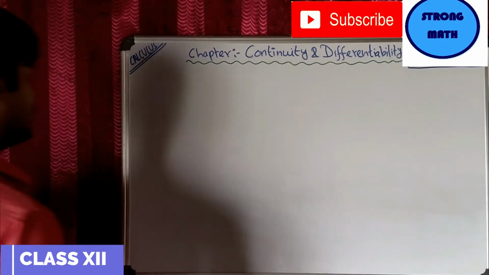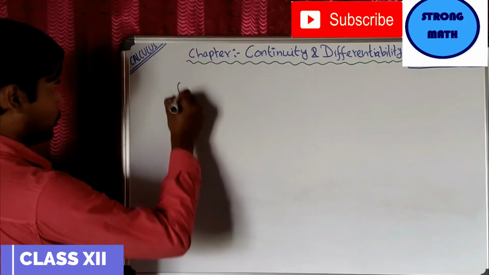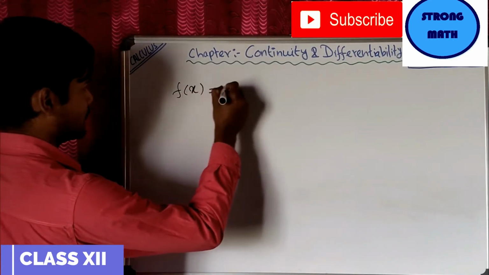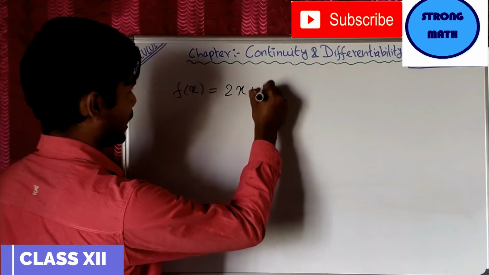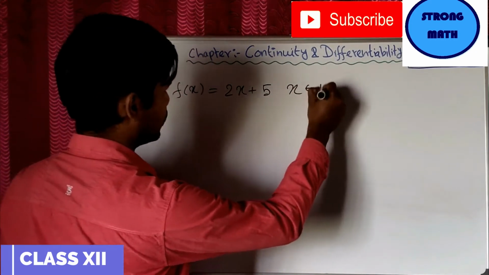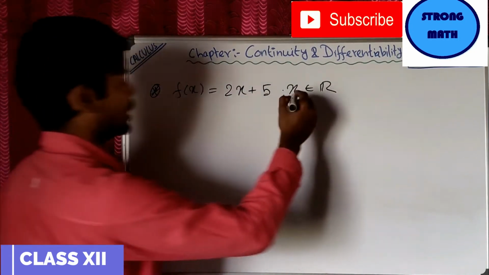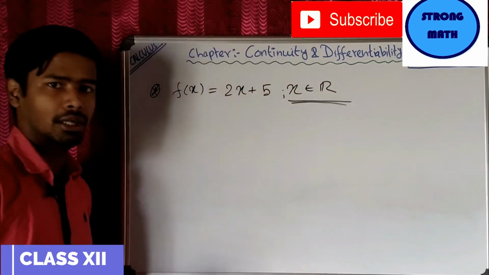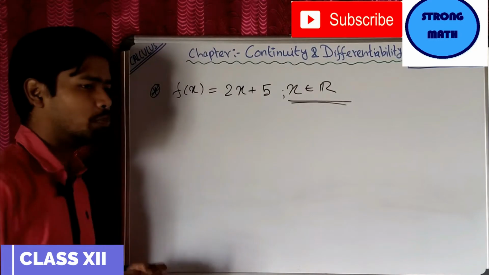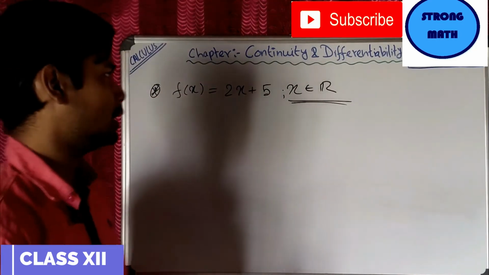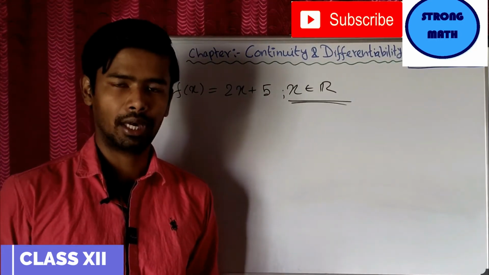So clearly you have noticed that suppose a function is defined as f(x) equals 2x plus 5 and x belongs to real numbers, so you have to check the continuity in the domain of that function. That is, no need to check the right hand and left hand limits.